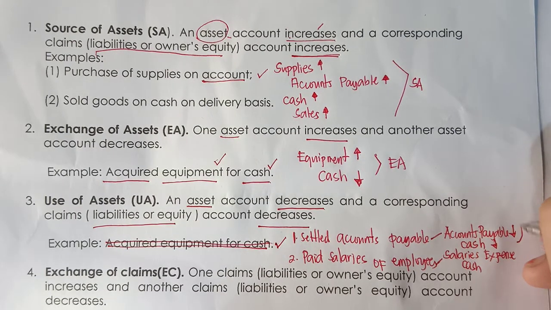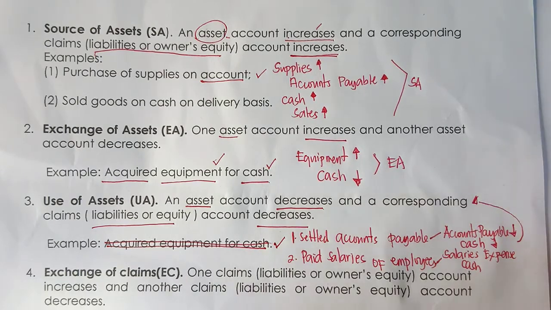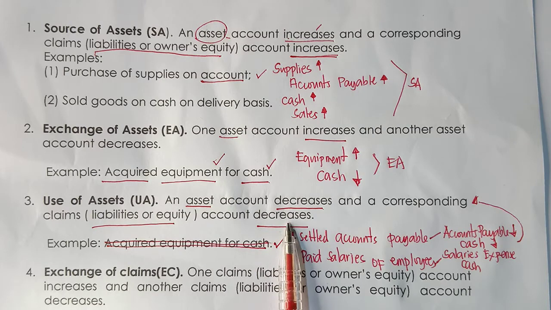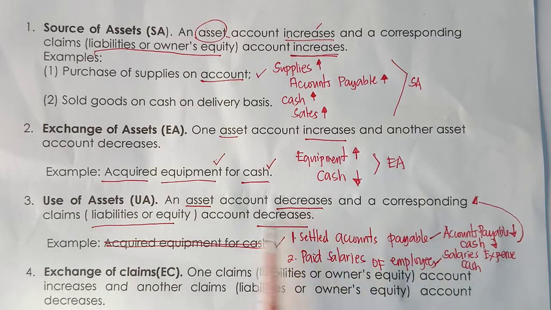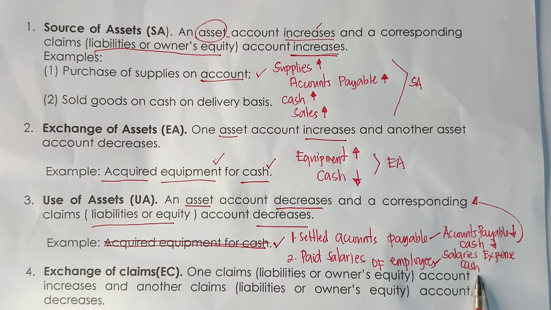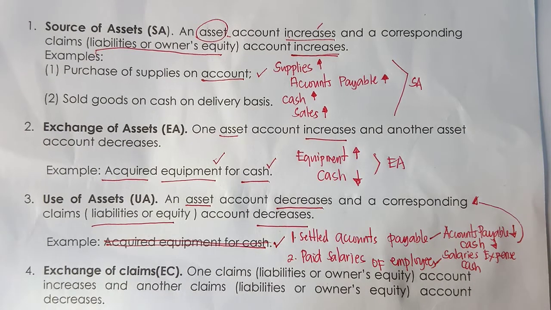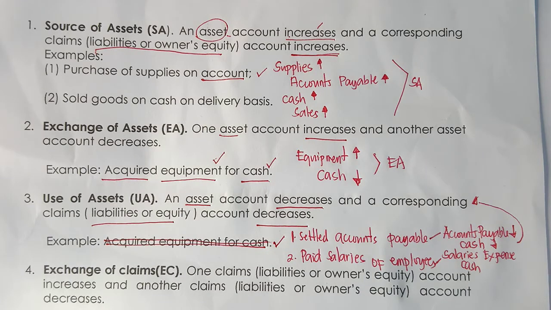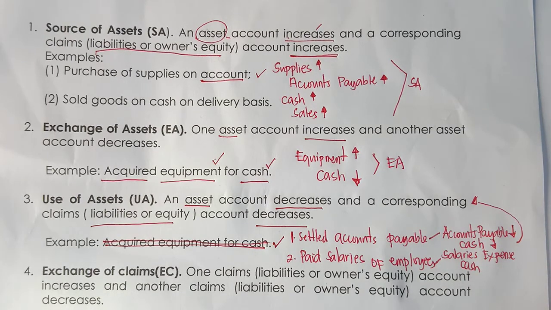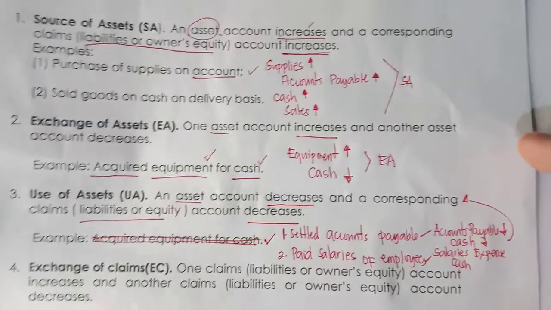So it is the effects in the use of assets. Liabilities or equity account decreases and the asset also decreases. Here salaries expense, so under pa rin siya ng effect sa equity. So it decreases.